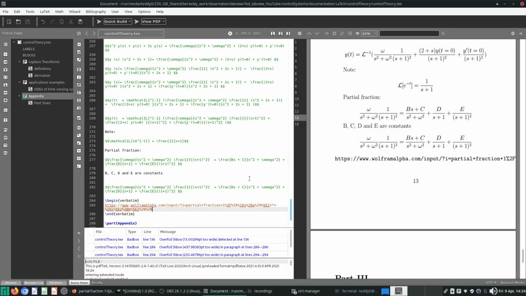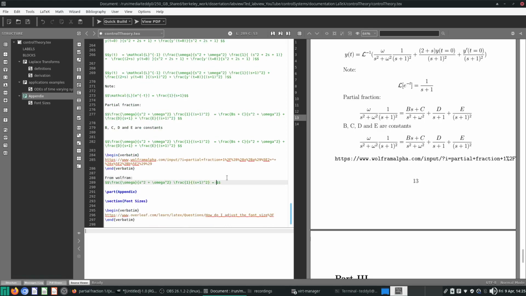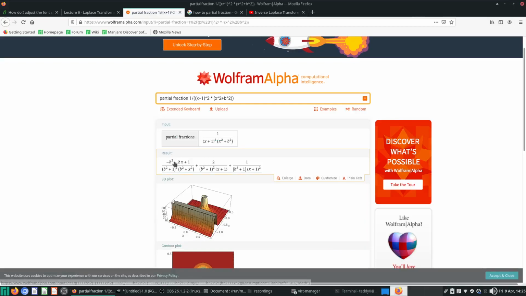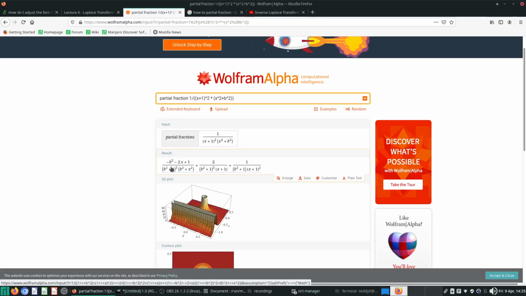So let's just copy this down from Wolfram. Every time you see b here, there'll be an omega.